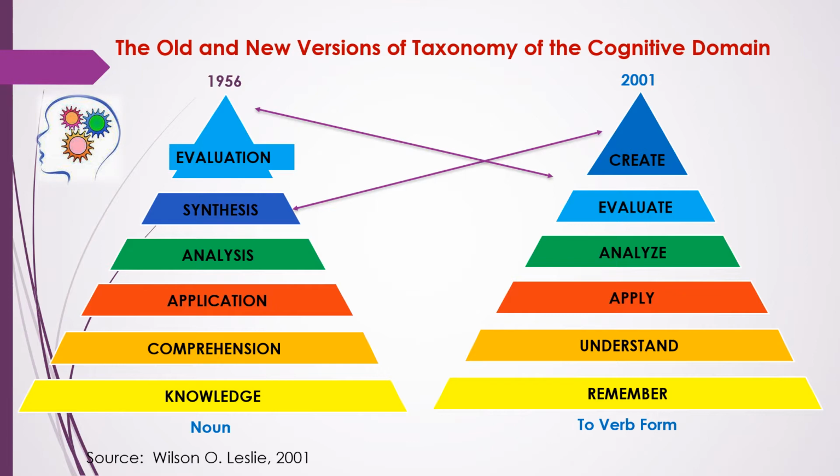complexity of tasks. Pag pinag-uusapan natin ang order of tasks, yan ay nai-emphasize sa old version. Pag sinabi nating order of tasks, kailangan munang mauna ang knowledge. So pag sinabi nating mauna yung knowledge, kailangan muna ang estudyante ay malaman niya kung ano yung mga konsepto na pinapag-aralan. So that's the knowledge.